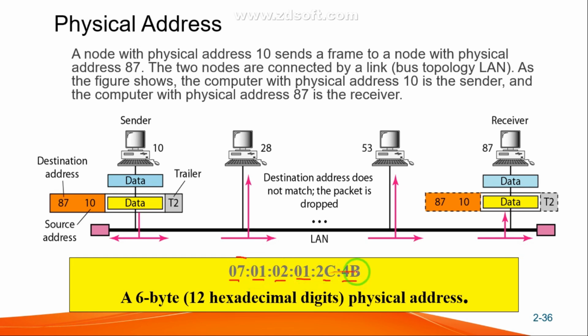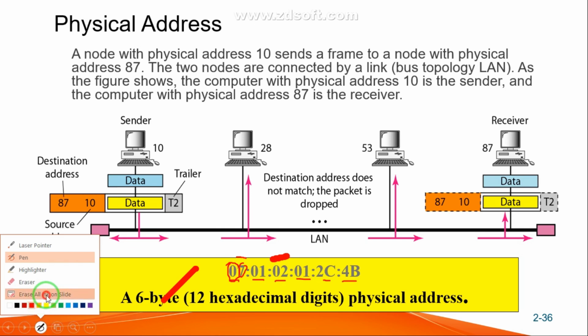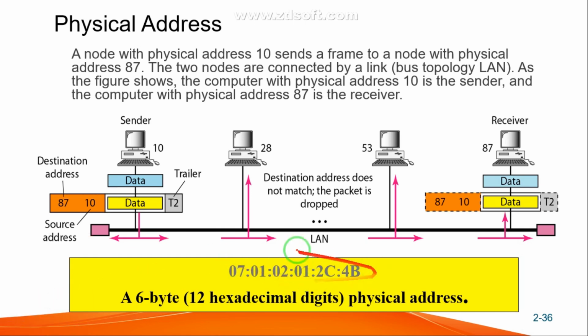So remember how we are going to represent the physical address, the MAC address. And you know that this digit is a hexadecimal digit that we are going to use for the physical address. So in total, how many hexadecimal digits are there? Total 12 hexadecimal digits are there. So this is the notation of your physical address.